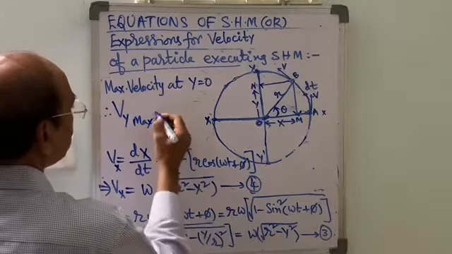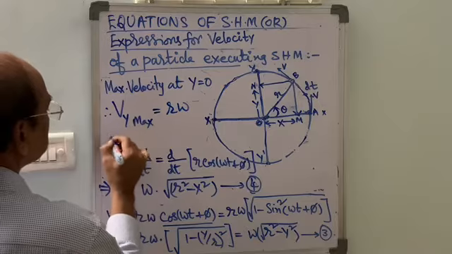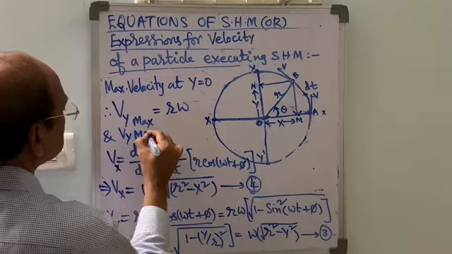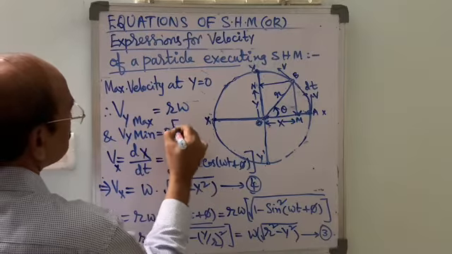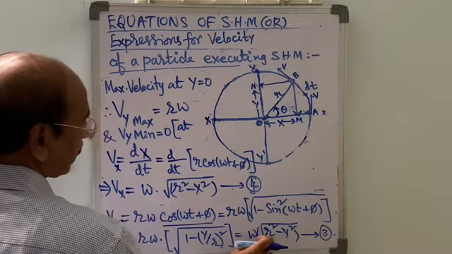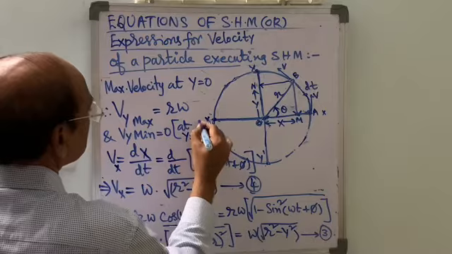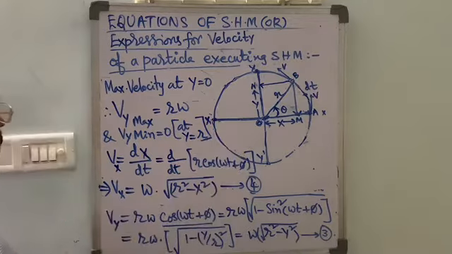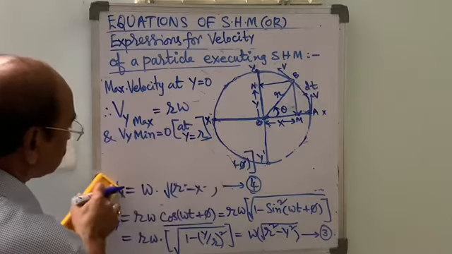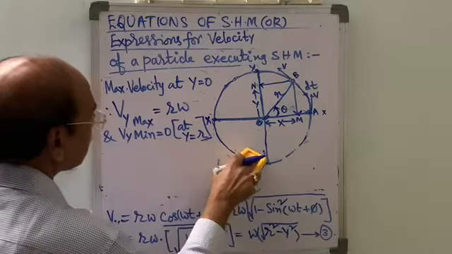Therefore, V equal to R omega, and Vy minimum is equal to 0 at y equal to R. Similarly for Vx also.